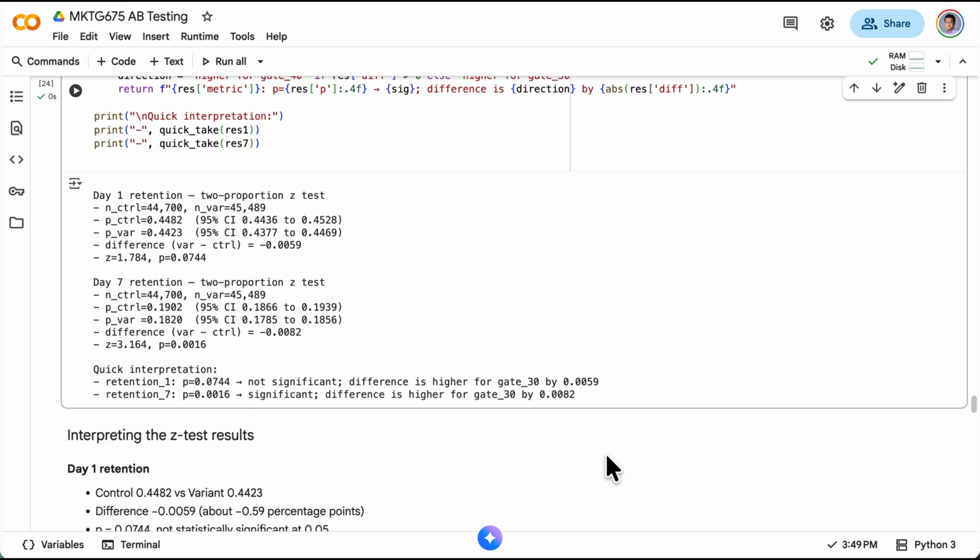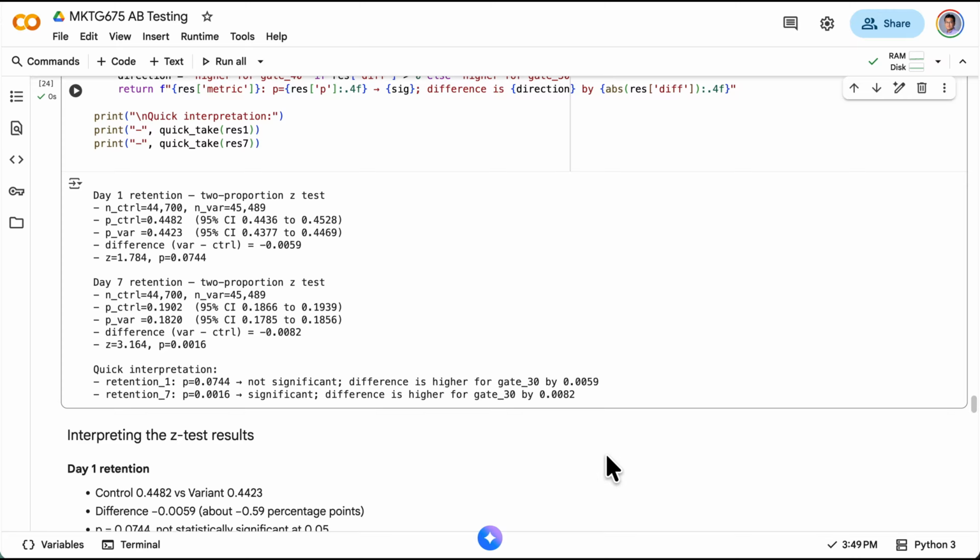The variant gate 40 has 0.4423 with a 95% interval from 0.4377 to 0.4469. The difference, defined as variant minus control, is minus 0.0059. The z-value is about 1.784 and the p-value is about 0.0744. Because this p-value is above 0.05, the day 1 gap is not statistically significant at our usual threshold. In plain language, the small day 1 difference can be explained by random chance.